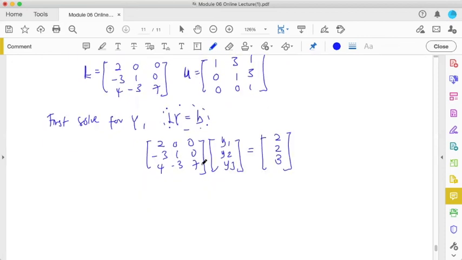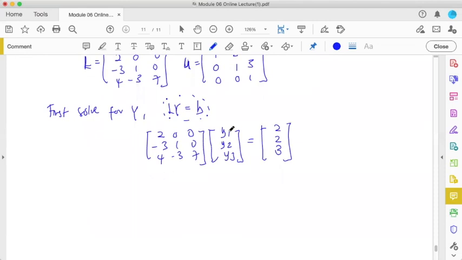From here, you can come up with these particular equations, where 2 multiplied by y1 is equal to 2. If you solve it, you get y1 equal to 1. The second equation is negative 3y1 plus y2 equal to 2. If you solve it, you get y2 equal to 2 plus 3y1, which gives you the value of 5.